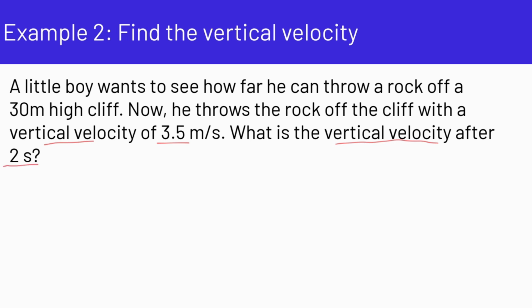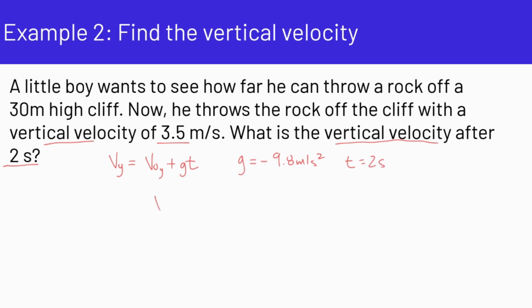Okay, so we need to know our vertical velocity formula. Our velocity in the y direction is going to be equal to our initial velocity in the y direction plus g times t. So g here is going to be equal to negative 9.8 meters per second squared, and our time is equal to 2 seconds.